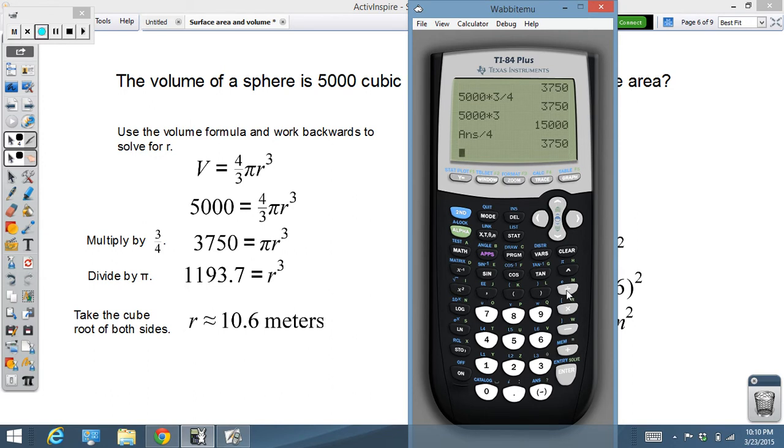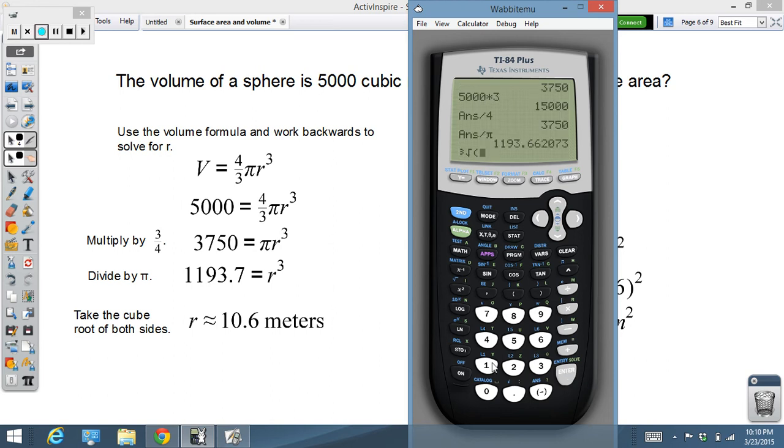Now we're going to divide that by pi. So I press second with the pi button, and there's my 1193.7. Now, to take a cube root, there are two ways of doing it. Here's the first way. I push the key that says math, and then go down to option number 4, which is the cube root, with parentheses.